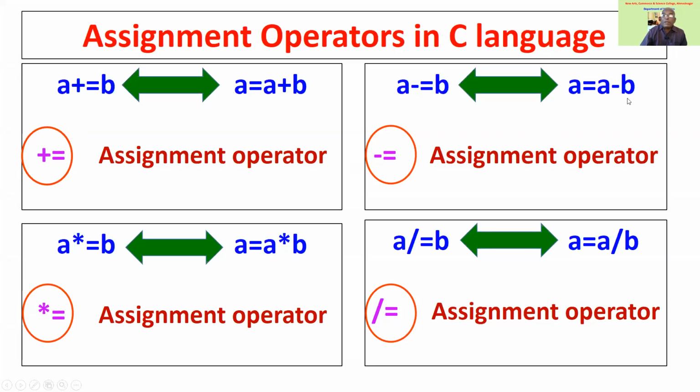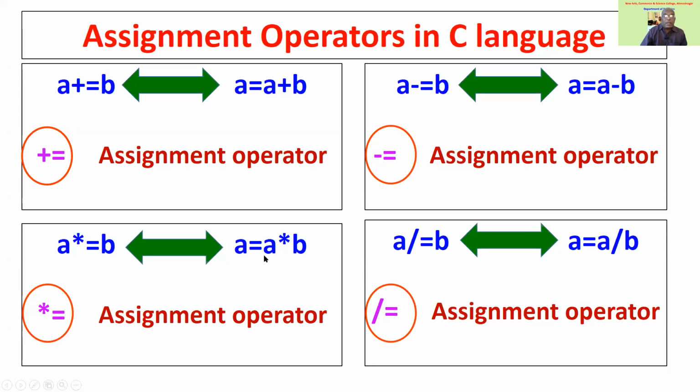A equal to A minus B. What is the meaning of this? The value of B is subtracted from A and the new result is again stored in A. This statement is equivalently replaced by A minus equal to B. This introduces another operator, minus equal to, which is also called an assignment operator.